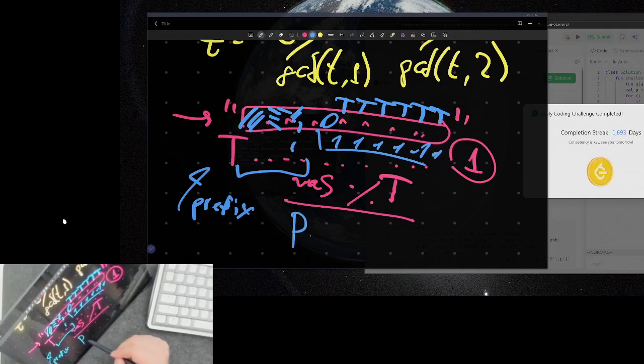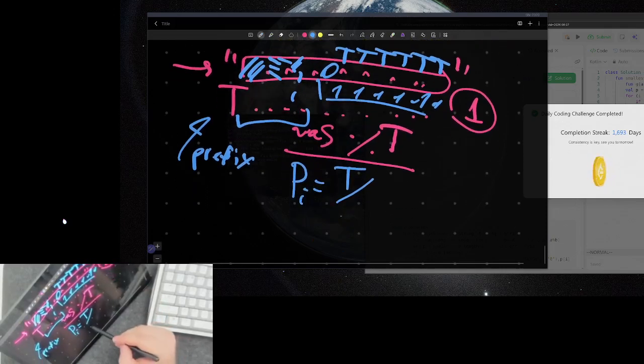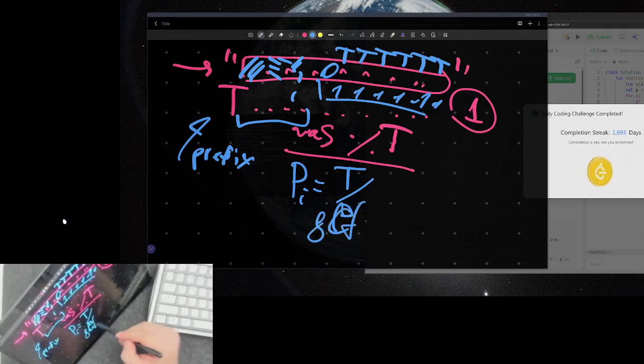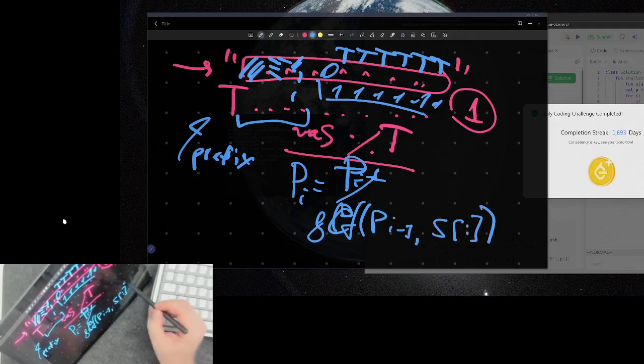So prefix equals t divided by GCD, and I'm sorry, this is not t, this is prefix i minus 1. This is prefix i minus 1, and this is string s i.